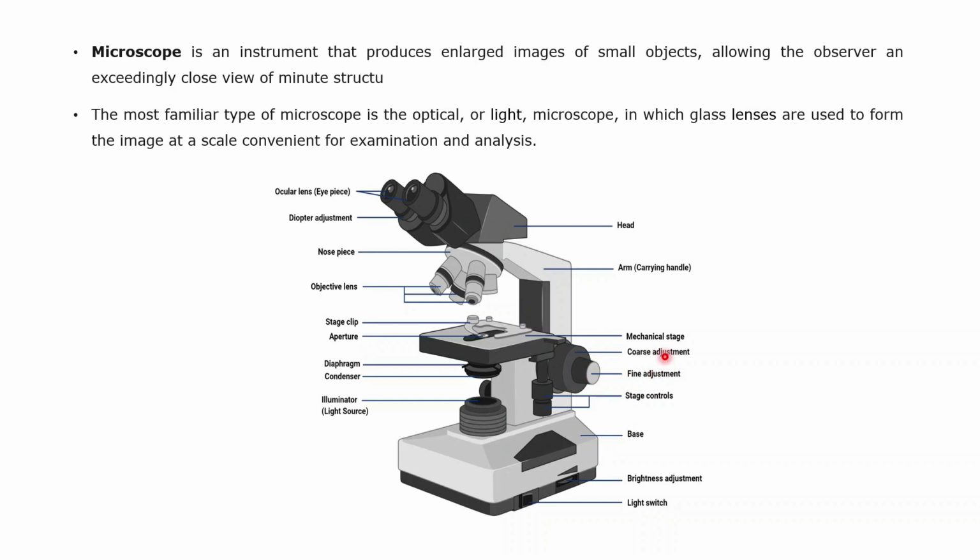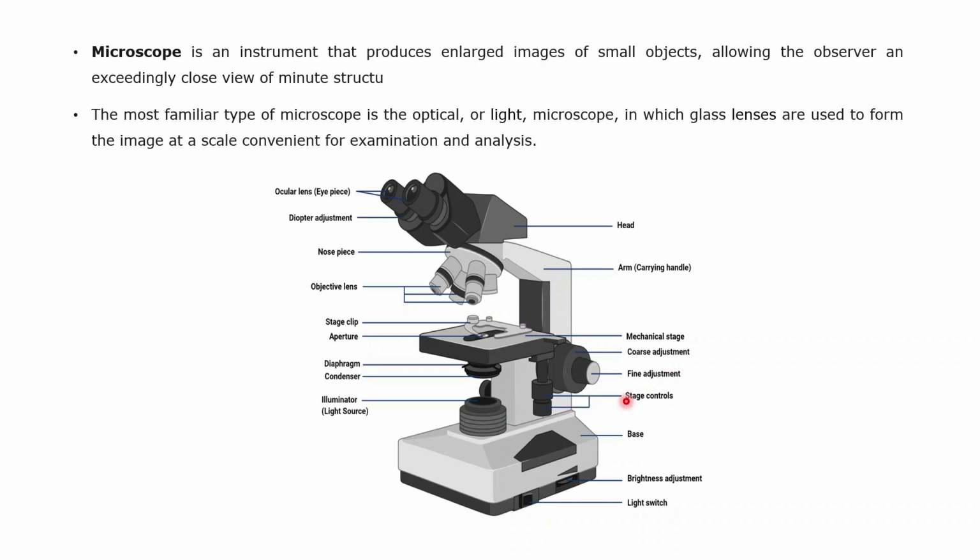Coarse adjustment basically moves the stage up to a certain point so that you can get a clear image on the eyepiece. Fine adjustment employs much lesser movement as compared to coarse adjustment, so that fine details can be magnified or changed.